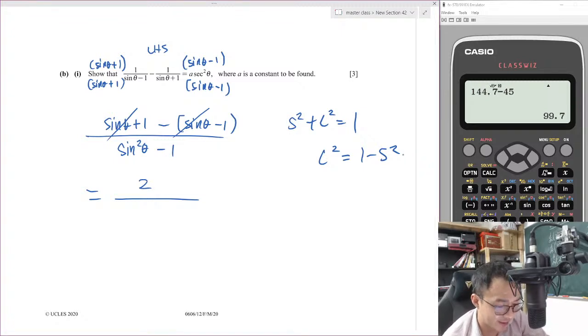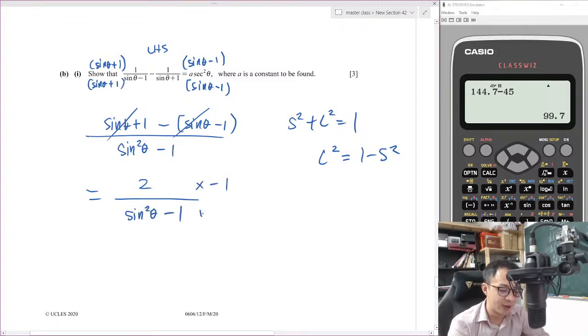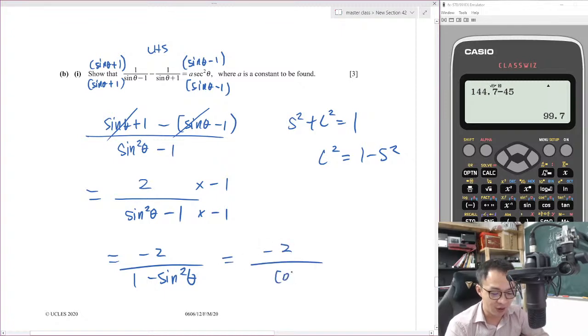Of course I can add a negative for it, but never mind, I write it out first, because if I add it straight away, some students will get confused. Multiply by -1 for top and bottom. So I get -2 over 1 minus sine square theta. So this is -2 over cos square theta, so this is -2 over secant square theta. So A equals -2.